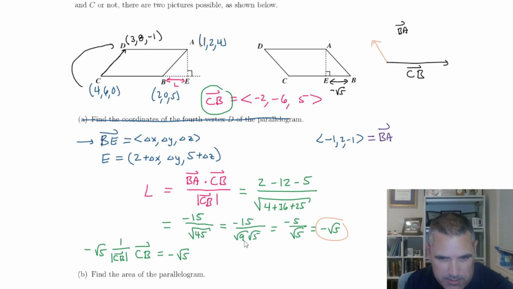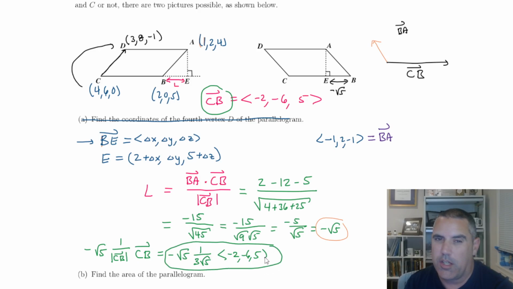The length is this 3 root 5. 3 root 5 we already found. And then I'm going to multiply it times CB. CB is negative 2, negative 6, 5. This is also what you would get if you had used the vector projection formula of BA onto CB.